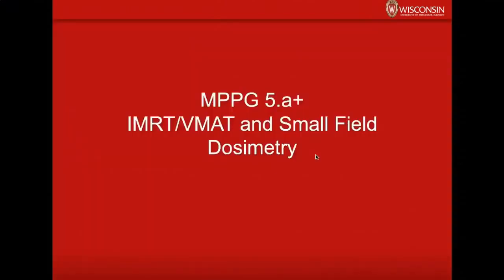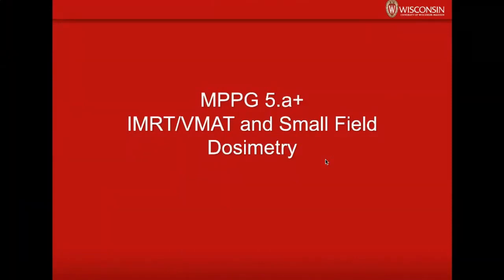So over the years, discussing MPPG 5A with different groups of people, I've been asked a lot about what MPPG 5A says about IMRT and VMAT and small field dosimetry. And there are some basic tests for each of these, but in a lot of ways, they're not sufficient to the way that a lot of our clinics practice radiation oncology these days.